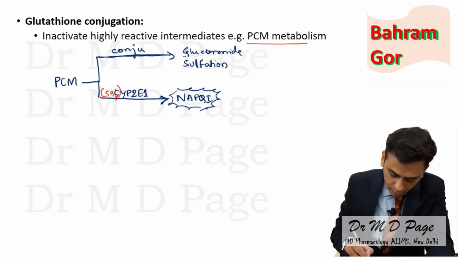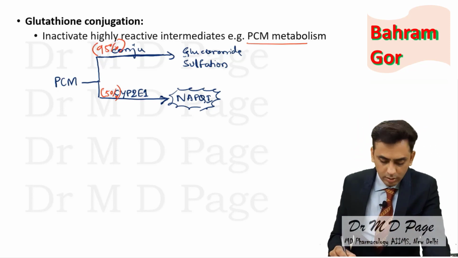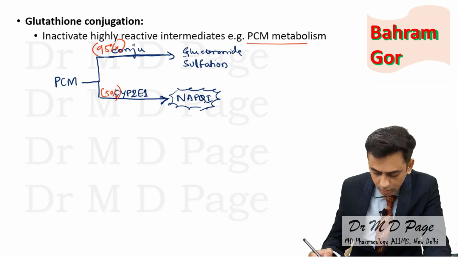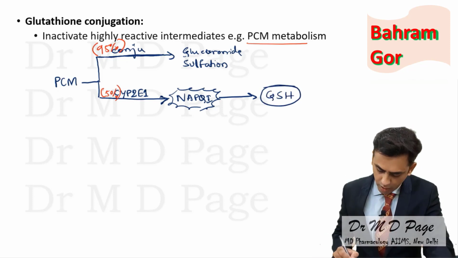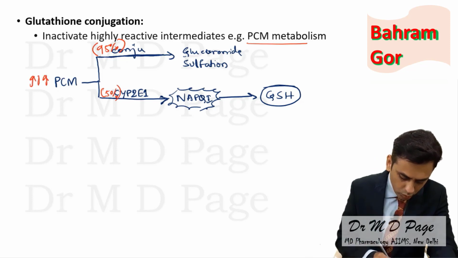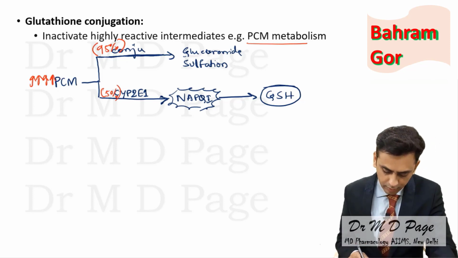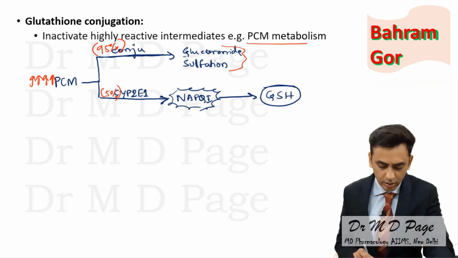So 95% of paracetamol is metabolized by this conjugation, that is sulfation and glucuronidation. Now this NAPQI gets detoxified by glutathione. What happens in paracetamol toxicity is, if a higher dose of paracetamol is taken, glucuronidation and sulfation get saturated.